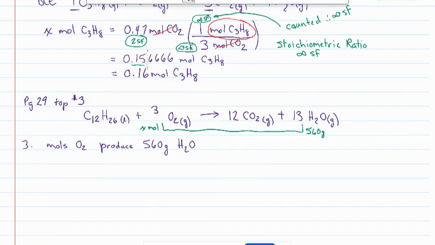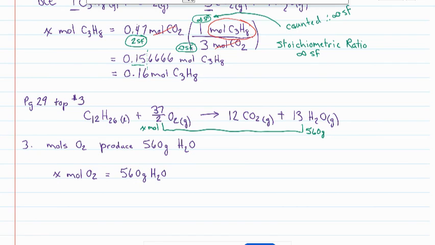It's actually 37 divided by 2, because our handouts are not balanced correctly. Sorry about that. Okay, so our setup is X moles of O2. But the only thing that we know is 560 grams of water.